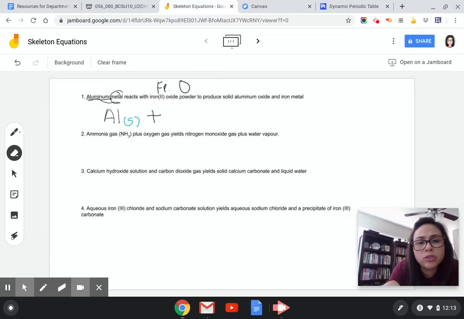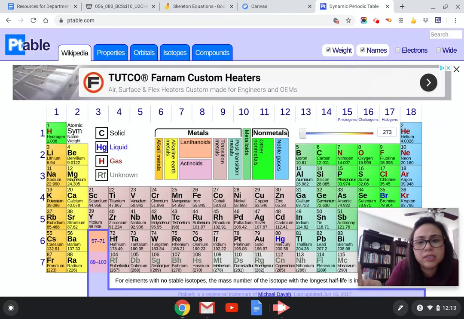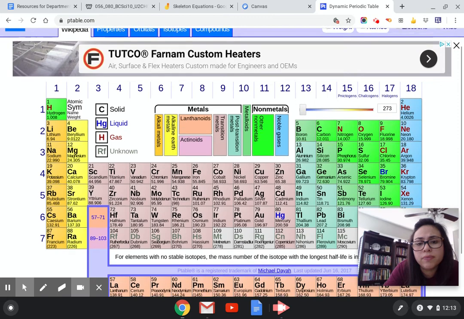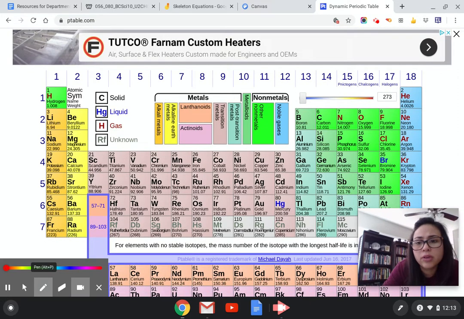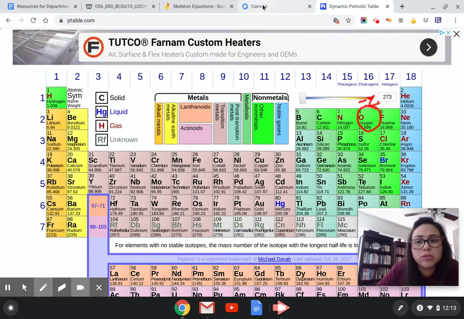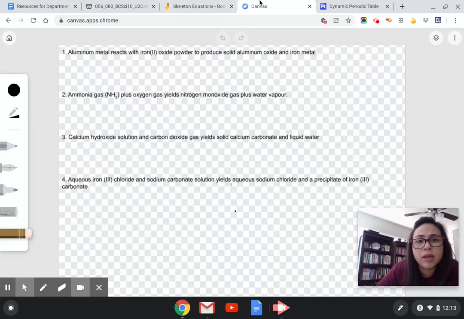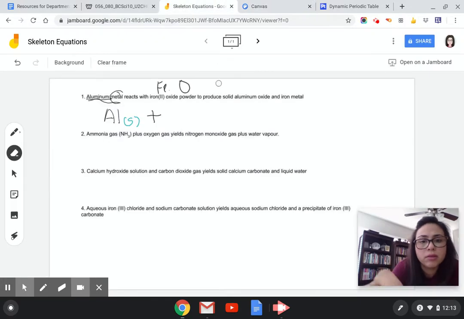So we're going to look at our periodic table, and we notice that oxygen is right over here, and that's going to have a -2 charge, a 2 negative charge. We know that all the time, oxygen is going to have a 2 negative charge. So I'm going to go back here and put that sign there.